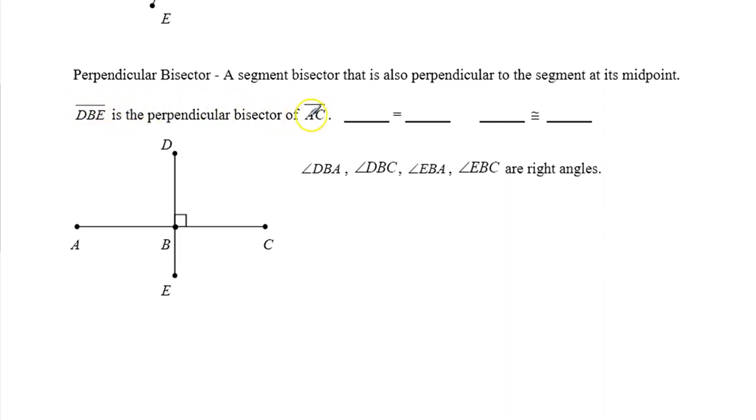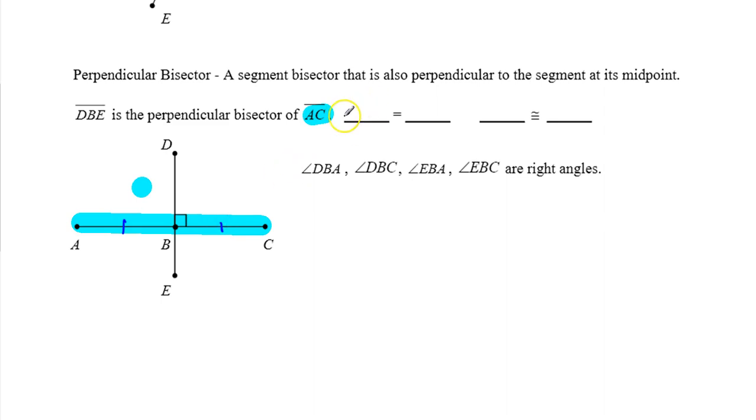All right, so let's talk about this. DBE is the perpendicular bisector of AC. So it's bisecting AC, like that. Well, what do we know? Bisect means cut in two.